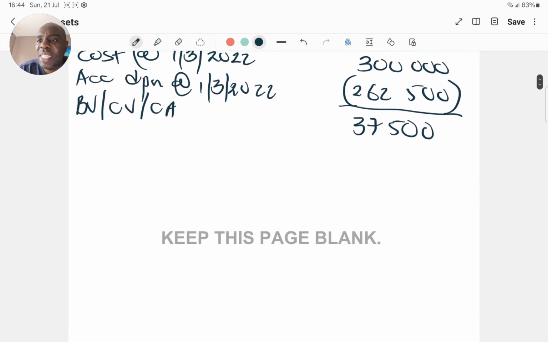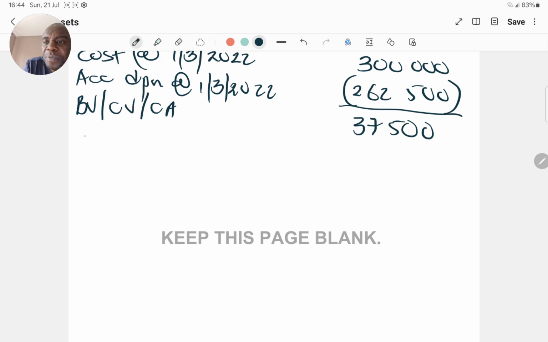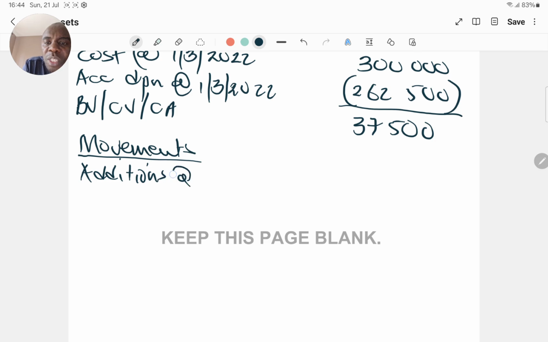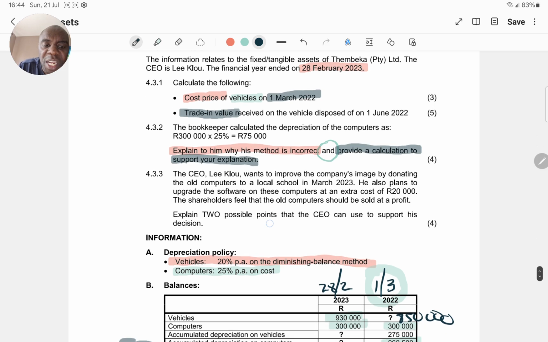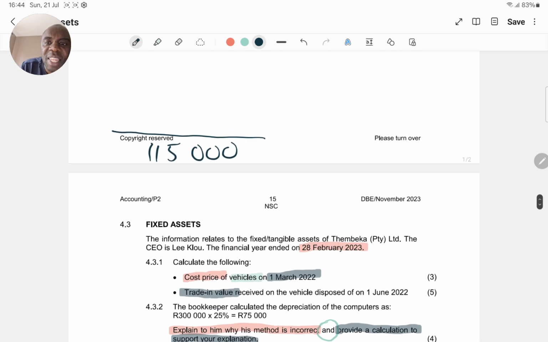Let's move on to the next step of note 3, which is your movements. Under movements, you are looking at what happened during the course of the year. Additions at cost: did we buy anything? Seemingly not, because we had 300,000 at the beginning and 300,000 at the end of the year.